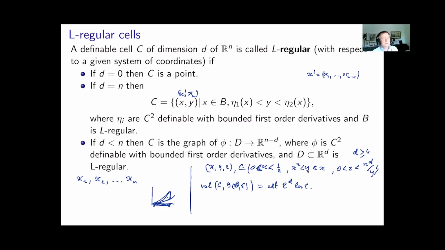So these are typical examples of such regular cells.